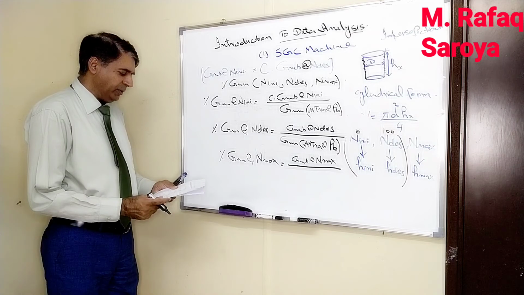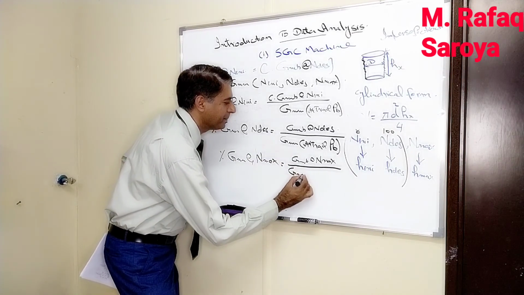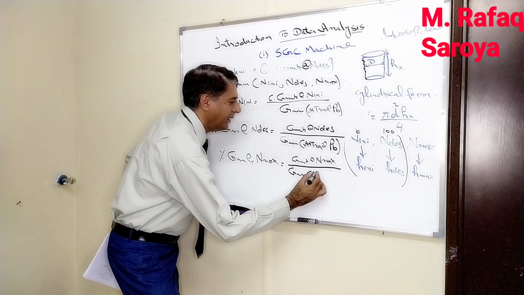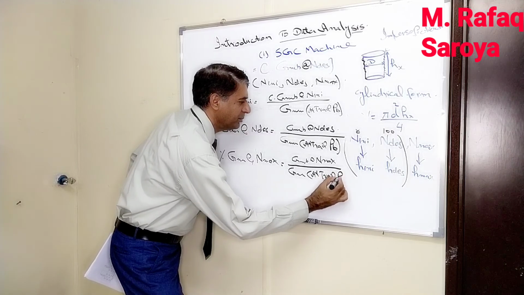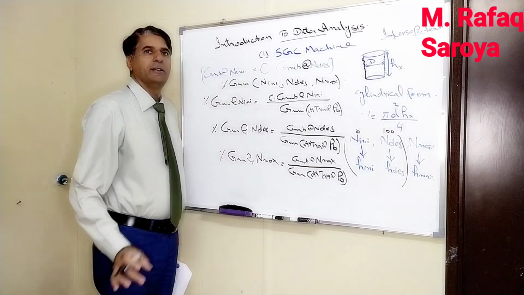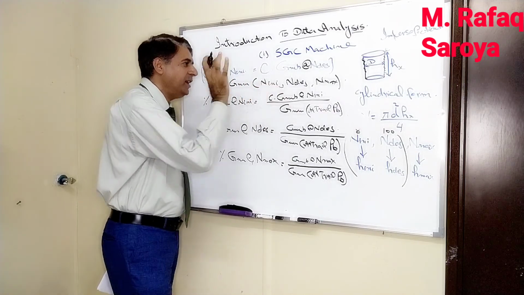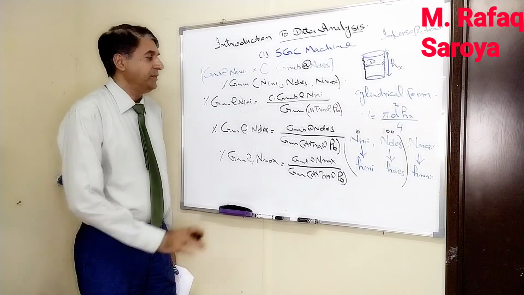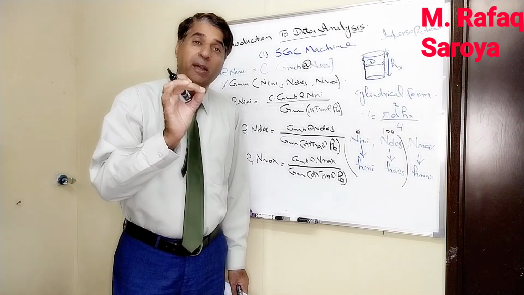But I would like to tell you one thing. Here GMM at trial Pb. Please, I would like to tell you one thing: I have written C only in one equation. In these two equations, I have not written C. So keep this in mind.